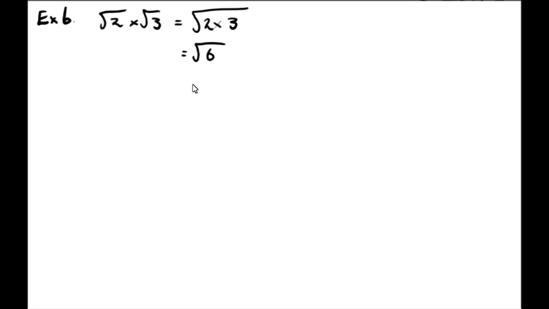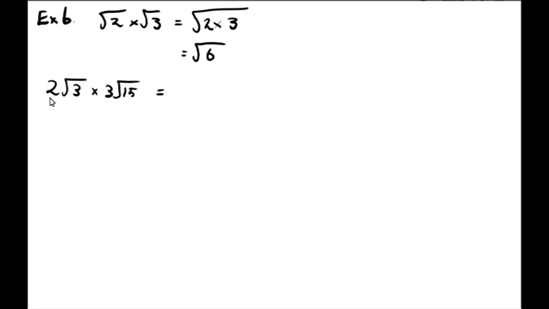So moving on to example 6, simplifying the following: the square root of 2 times the square root of 3. Just like before, it's the first number times the second number, and we get the square root of 6. And another one, 2 root 3 times 3 root 15.